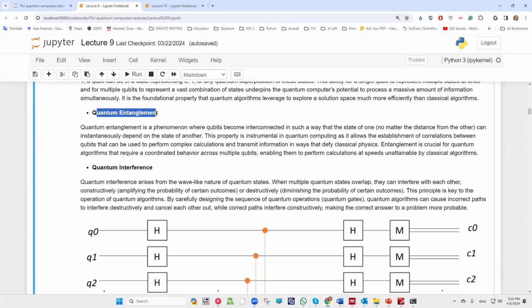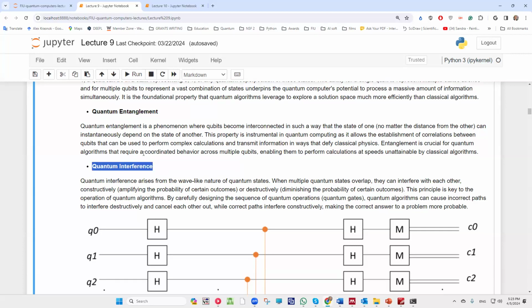Then we need quantum entanglement, which is a more interesting property of interaction of two qubits and generation of an entangled state, like Bell state in our system. And another key component is quantum interference.